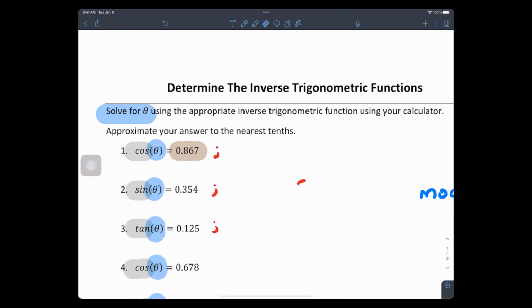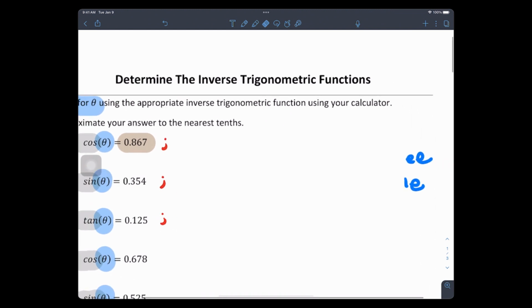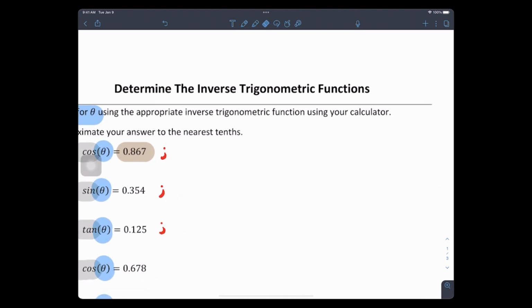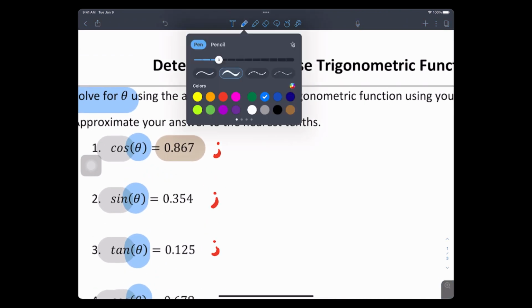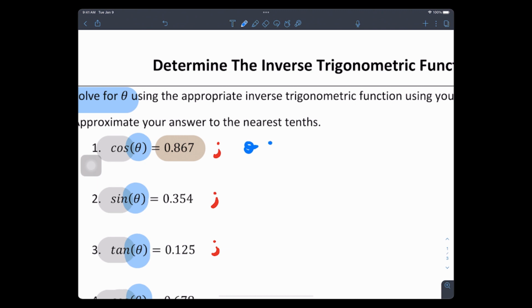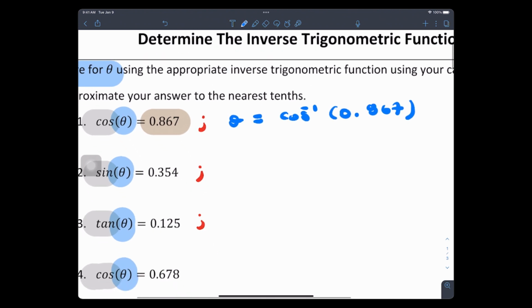By using this inverse function notation, by definition, you can write down the angle theta will be the inverse cosine of that 0.867. So it's a lecture on reading and using your calculator.